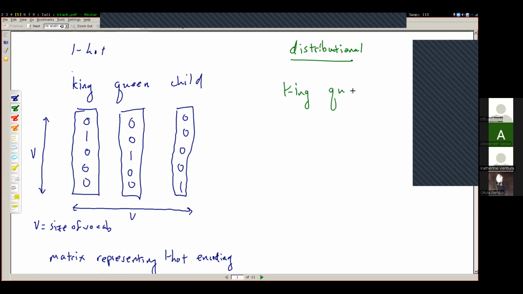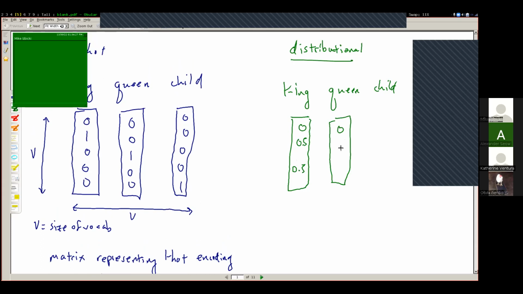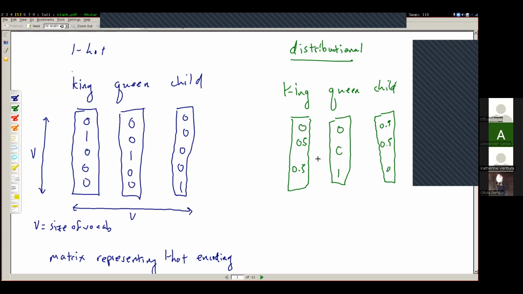King, queen, child: now they're not one-hot, they'll be like 0, 0.5, 0.5. Just making up numbers here. They could be zeros and ones, they don't have to be, and they're not required to add up to 1. I just happened to make them do that.